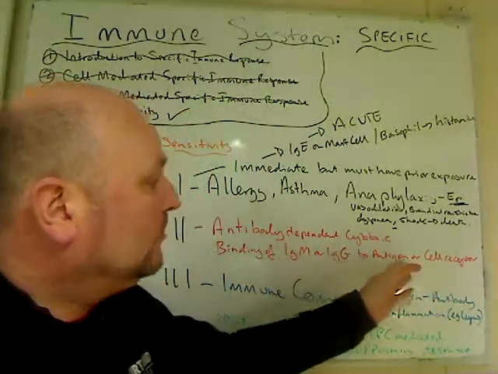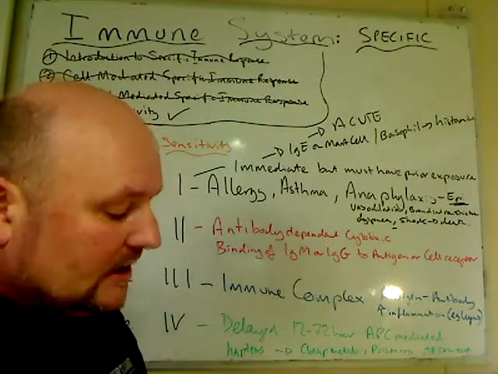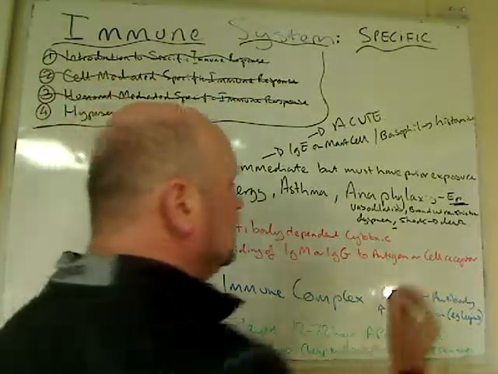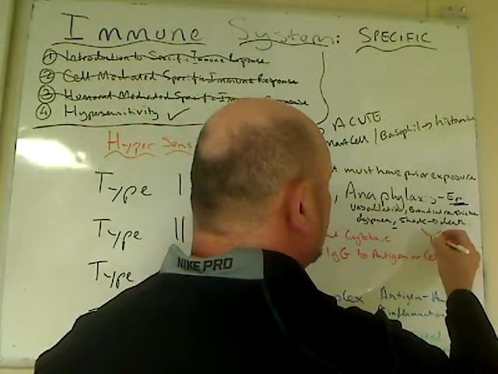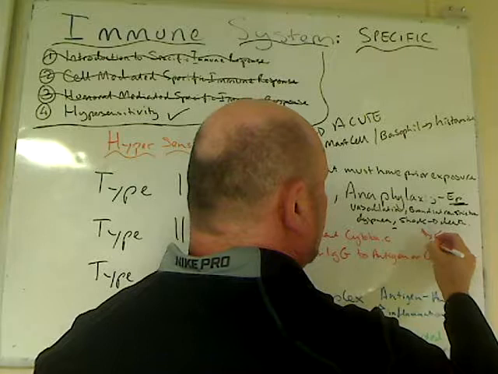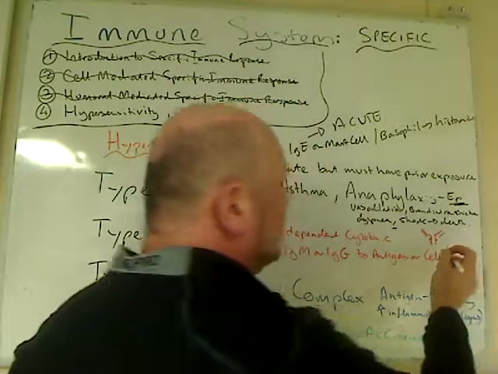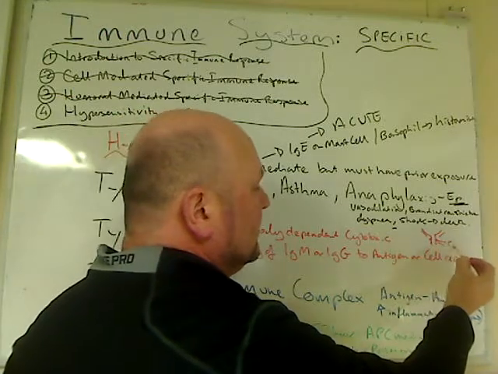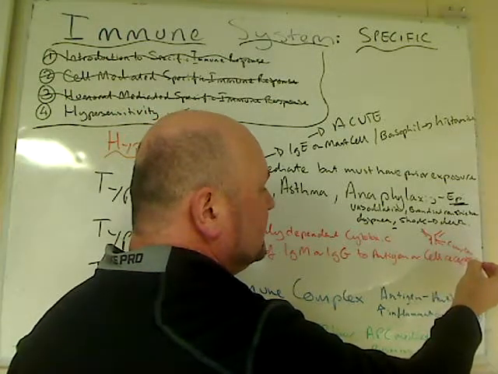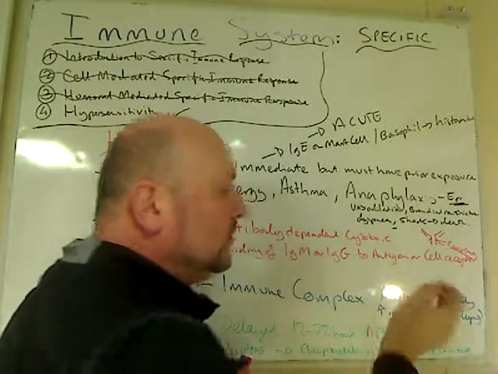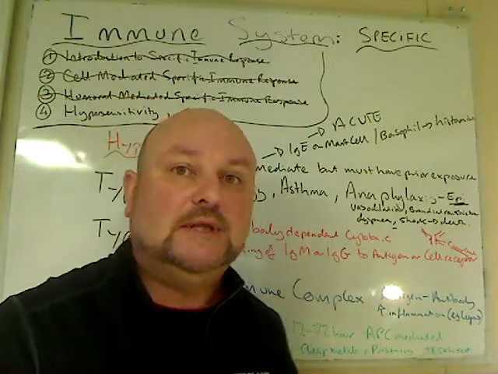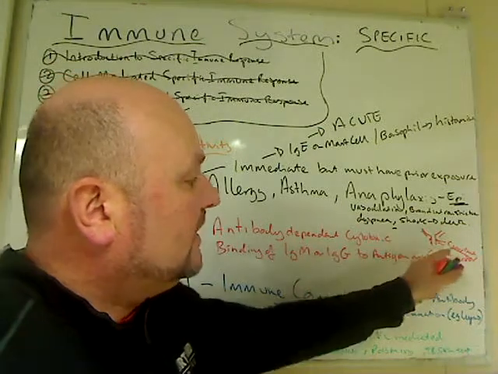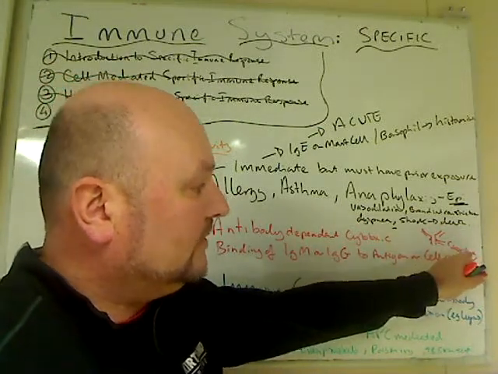But in both ways, because remember, IgM and IgG, we just draw this on the side, here's our IgM or IgG antibody. Remember that these things are complement binding sites. And remember, complement's the protein that's already in the blood. So once this is stimulated and it binds, it can activate complement.